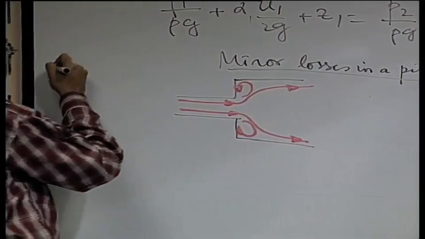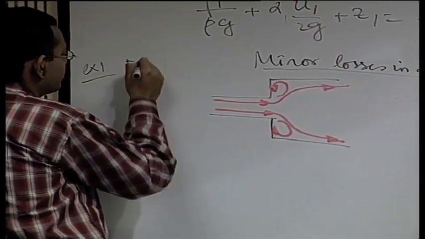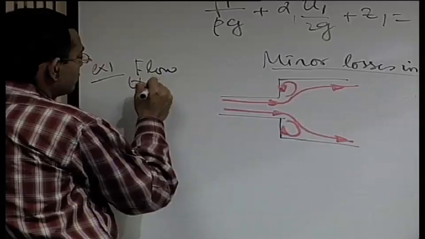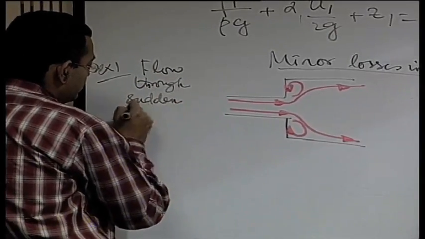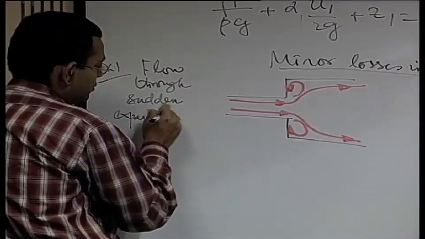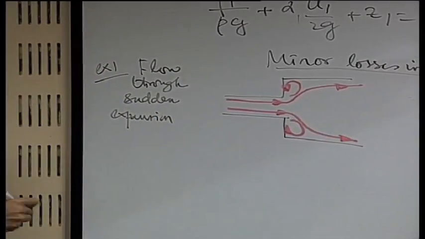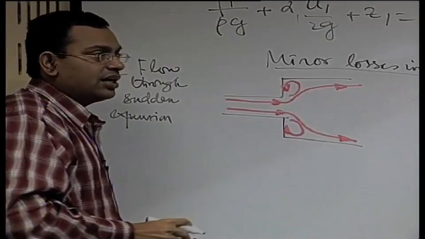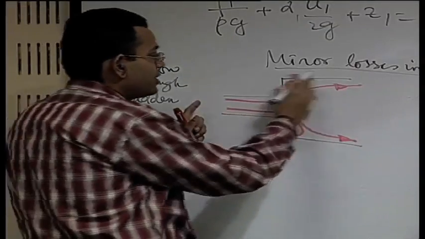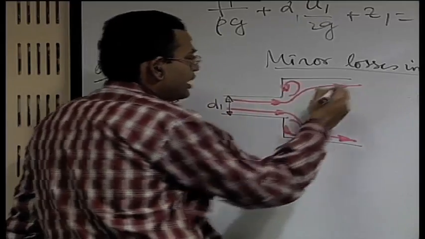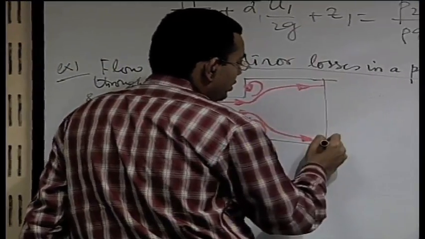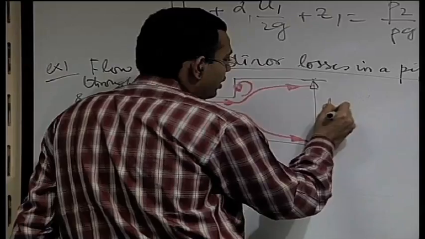The first example is flow through a sudden expansion. Here we are able to see that there is some loss, and let us say that the diameters of the smaller and the larger pipes are D1 and D2.